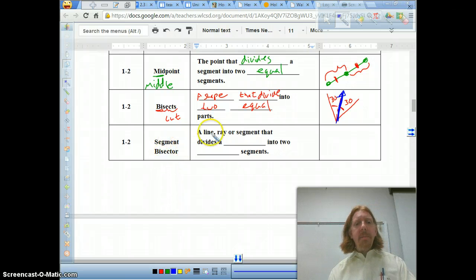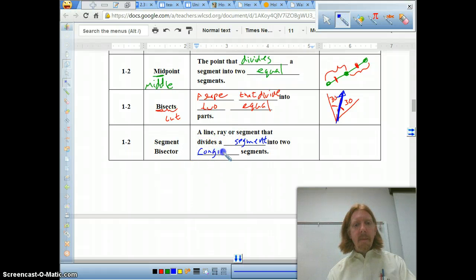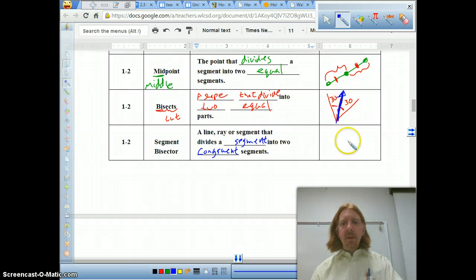Lastly, we'll talk segment bisector. A line, ray, or segment that divides a segment into two equal segments. Actually, we'll say two congruent segments. So here's my segment.